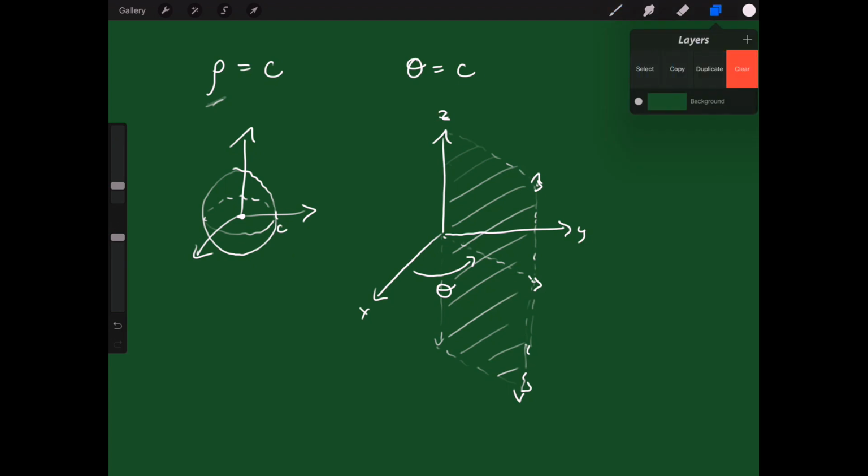What if you had phi equal to a constant? Okay, let's draw that one. So phi is an angle down from the positive z-axis.